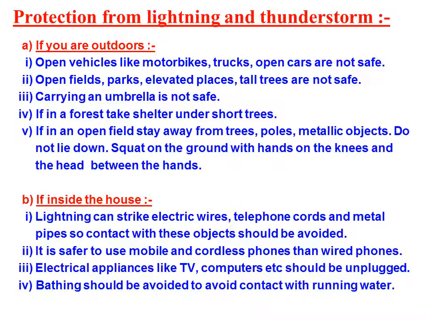If in a forest, take shelter under short trees, not tall trees. If in an open field, stay away from trees, poles, electric poles, and metallic objects. Why metallic objects? Because metallic objects are more attracted to charged particles.